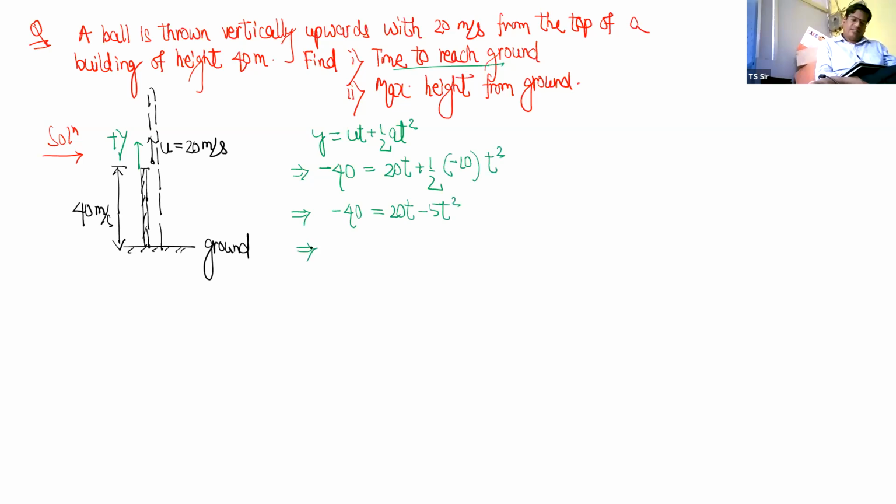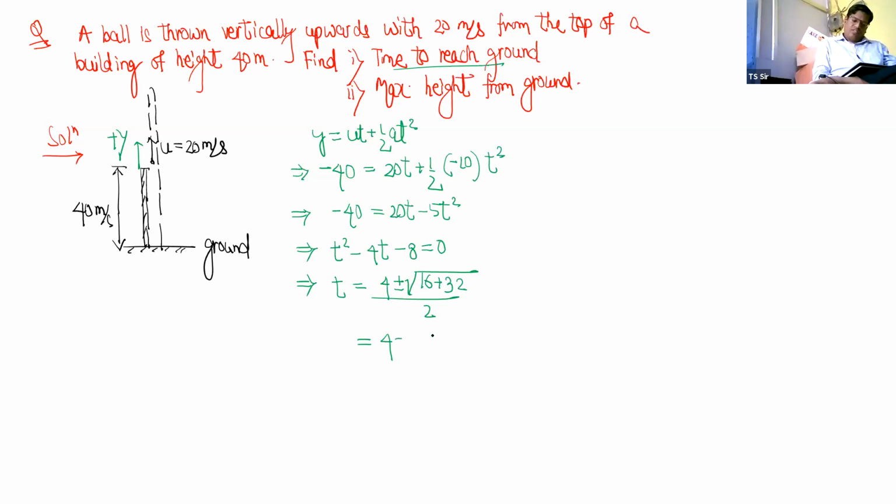So that gives me t square minus 4t minus 8 equal to 0.